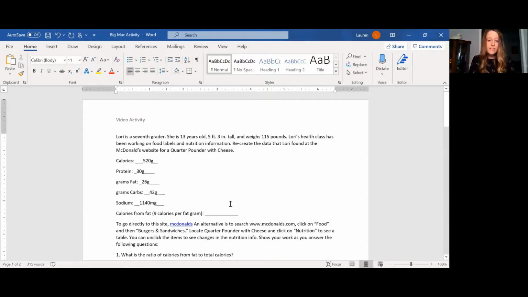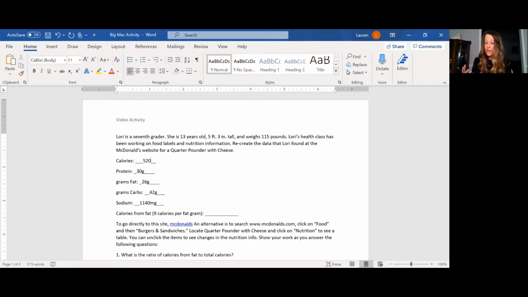Now, here it asks for the calories from fat. And the website does not specifically state how many of these total 520 calories comes from fat. So we have to do a little bit of calculation. And so if you look online, it's estimated that each gram of fat corresponds to 9 calories. And so we know that the Quarter Pounder with cheese had 26 grams of fat.